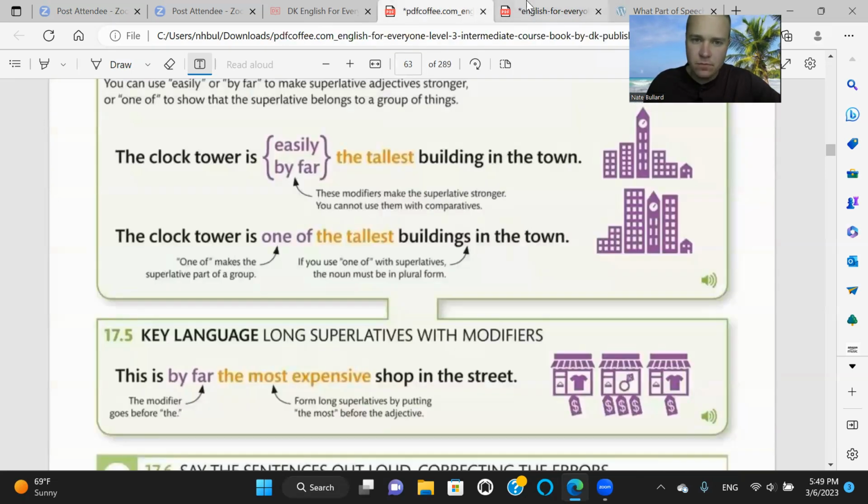Pero bueno, this is the form once again. So the modifier goes first. Por ejemplo, by far. Then the superlative, the most expensive in this case, and then the noun, the sustantivo. All right.